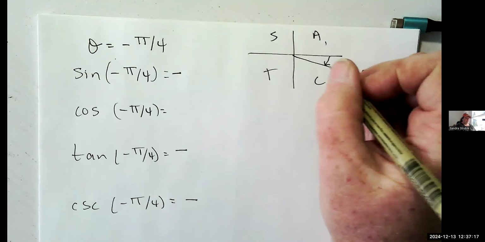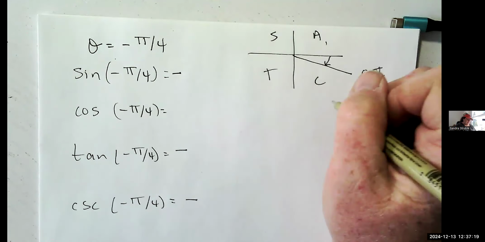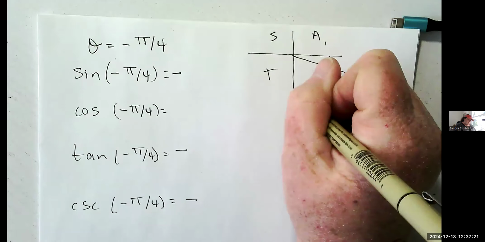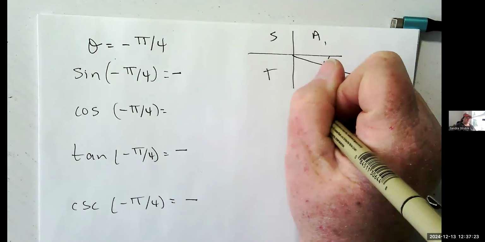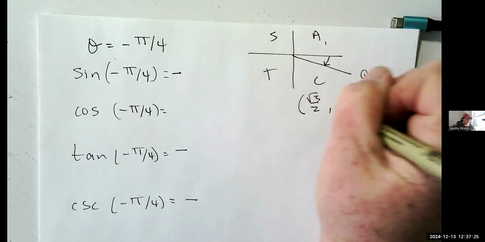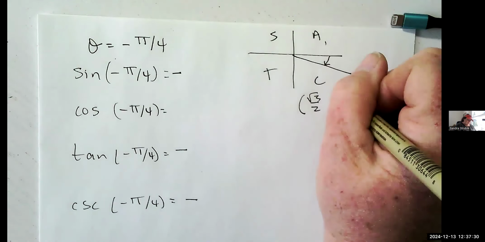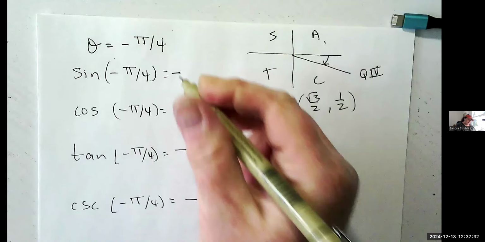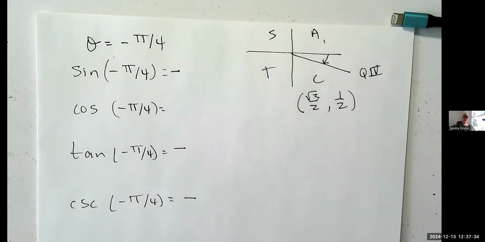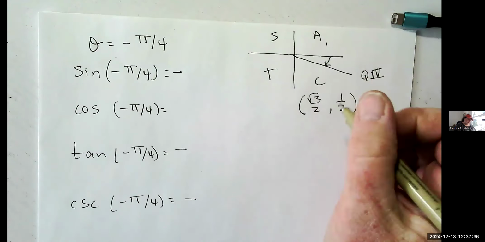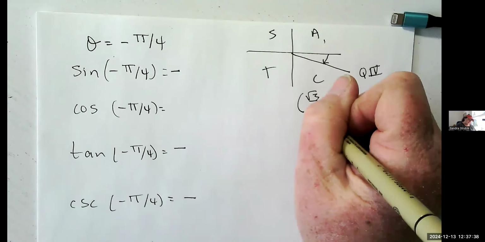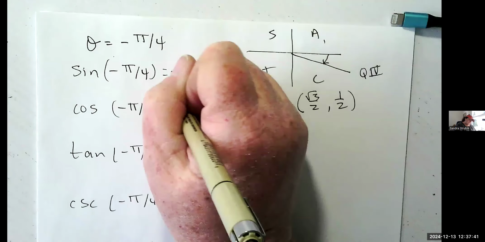If you want to use the 11 pi over 6, which is negative pi over 4, your x value is going to be square root of 3 over 2. And I might just use reference angles, use pi over 4, which is 1/2, because I've already got my signs there. So the signs don't matter at this point because I've already picked my signs. So now I've got my cosine, I've got my sine.